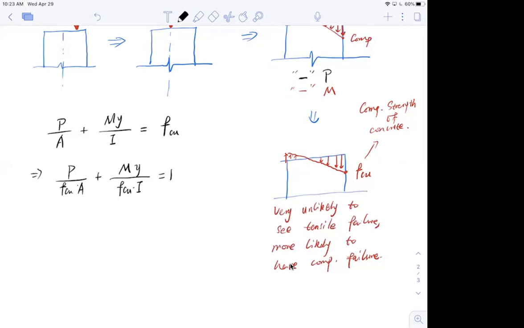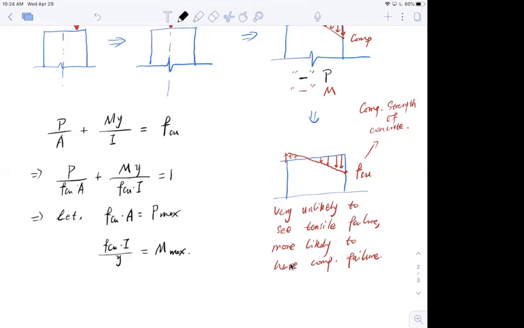But to design concrete, let's define some terms. Let FCU multiplied by A be P max. That's the maximum compression a column can take. And let FCU multiplied by I divided by Y equal the maximum bending moment, M max.